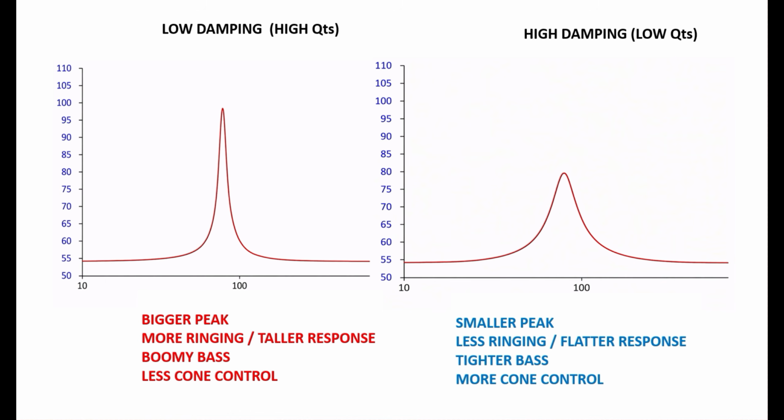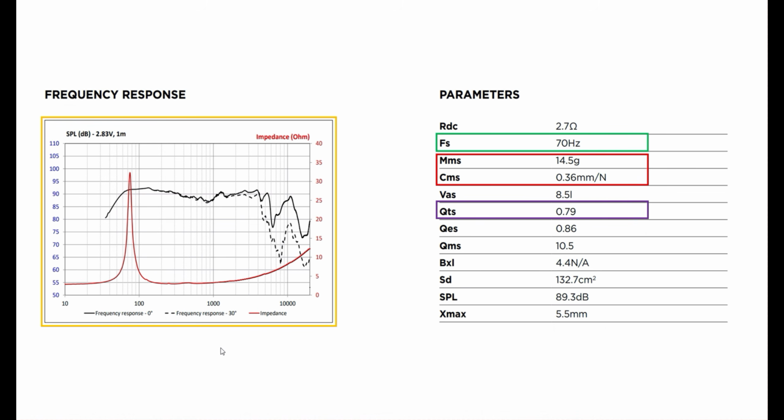So for example, let's look at a couple of 6.5-inch mid bass. Here's speaker A. And we can see here's the impedance curve, tall and high. We have an FS of 70, 14 grams of moving mass, suspension of 3.6, and a QTS of 7.9, which is pretty high, right? So that's very soft suspension.